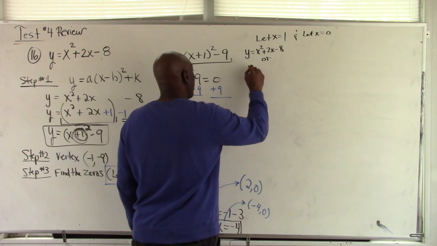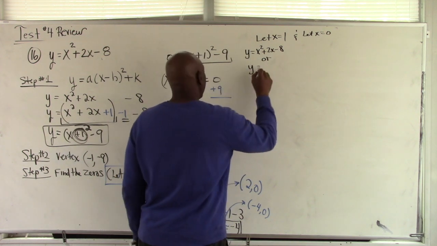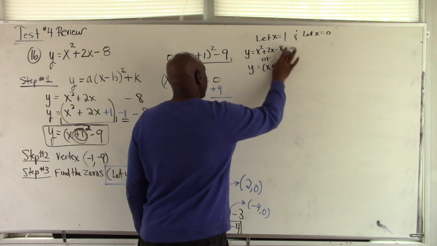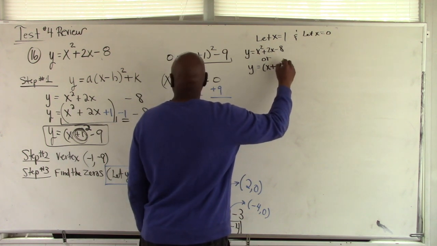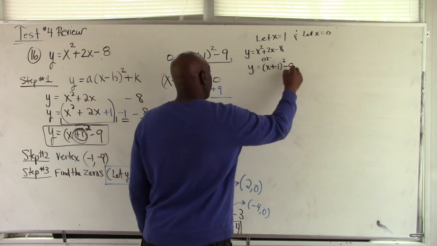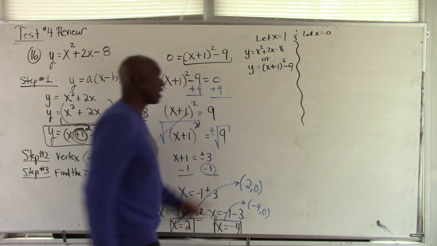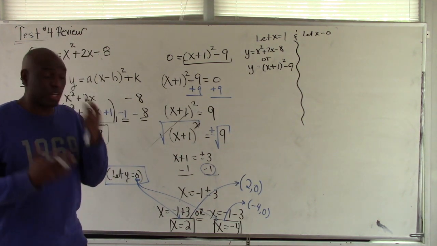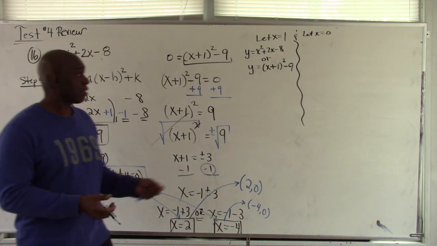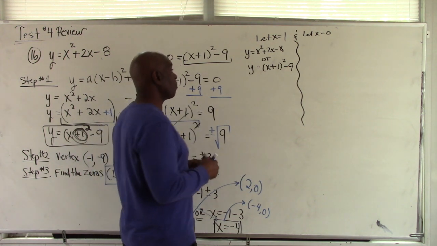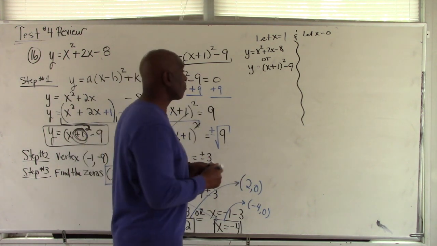Or you can use y equal x plus 1 quantity squared minus 9. Plug in 1 for x and use either one of those 2 equations. Doesn't matter. It's up to you. Because they're both going to give me the same output.